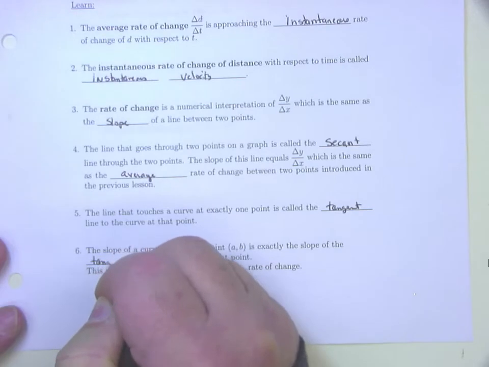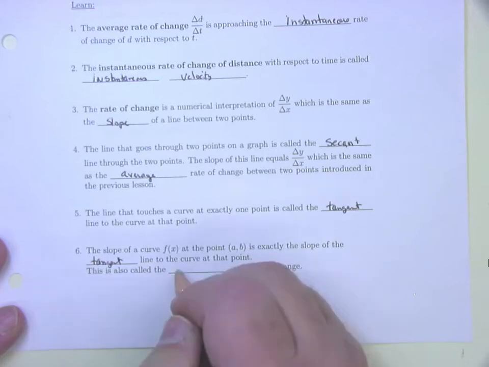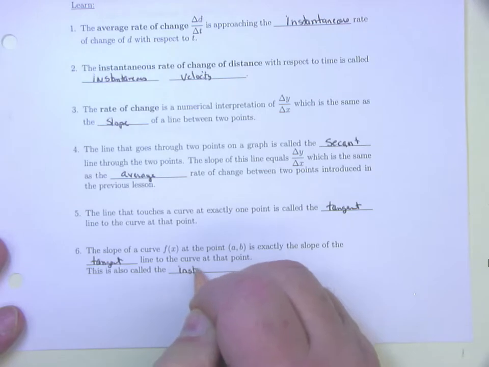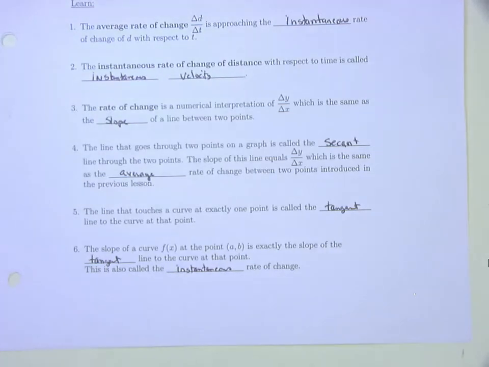Tangent line to the curve at that point. This is also called the instantaneous rate of change, also known as the derivative, but the word they were looking for here is instantaneous rate of change. That's that slope. The instantaneous rate of change is the slope of that tangent line.